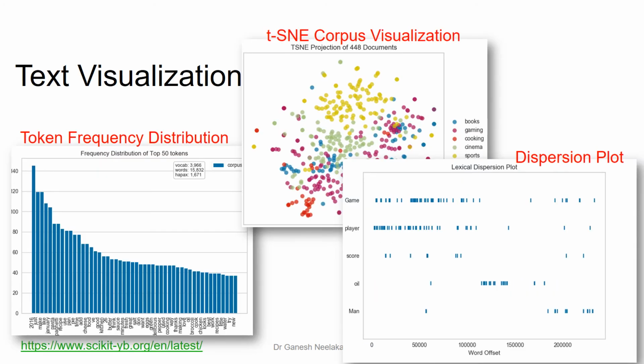And there are many other visualization methods. We don't go to that extent, including text visualization. For example, you have text classified into different values here. So the TSNE corpus visualization, which groups them into different groups.